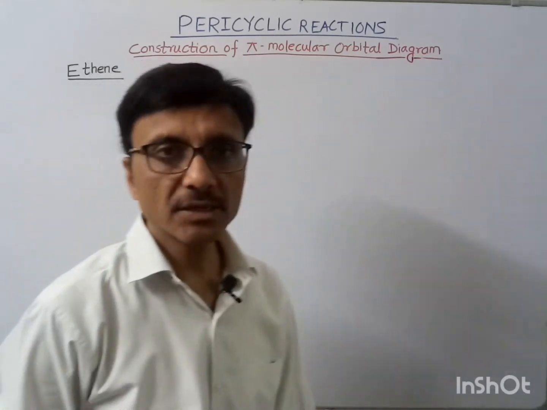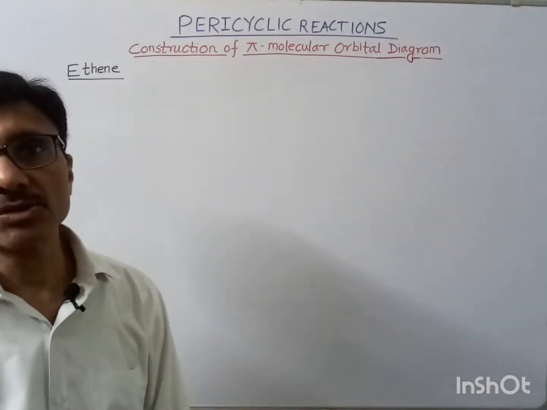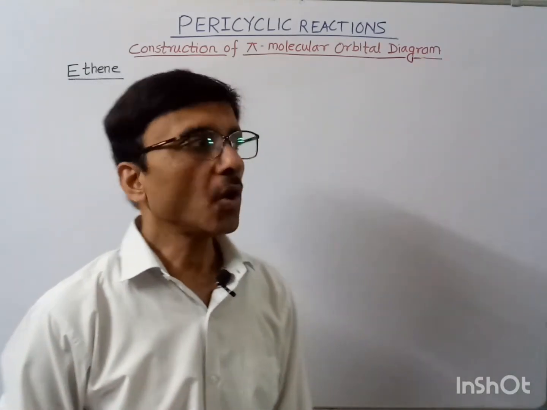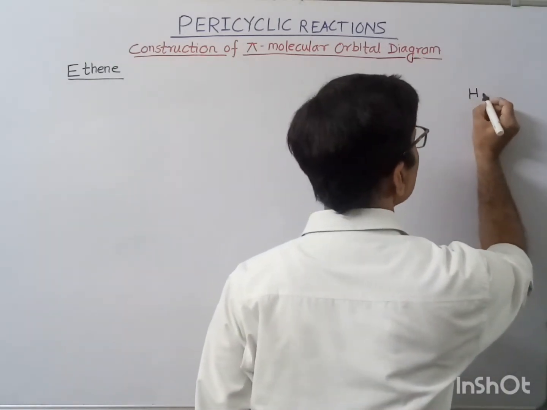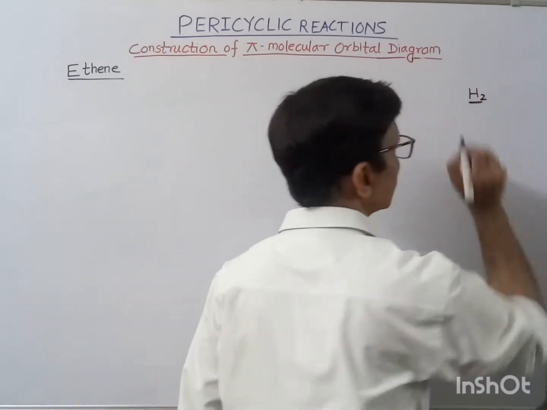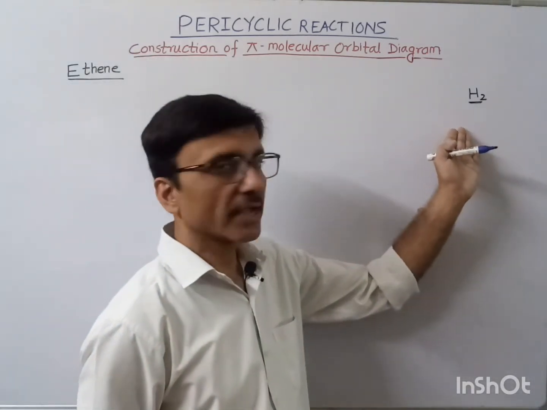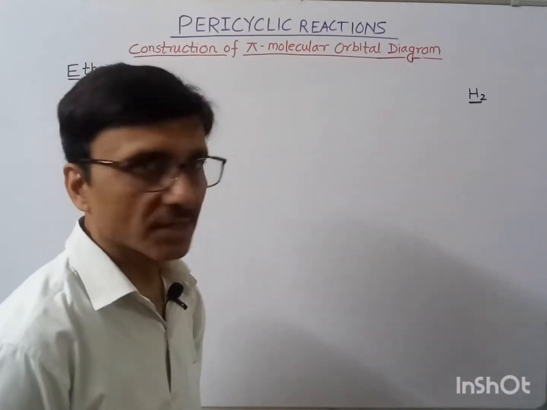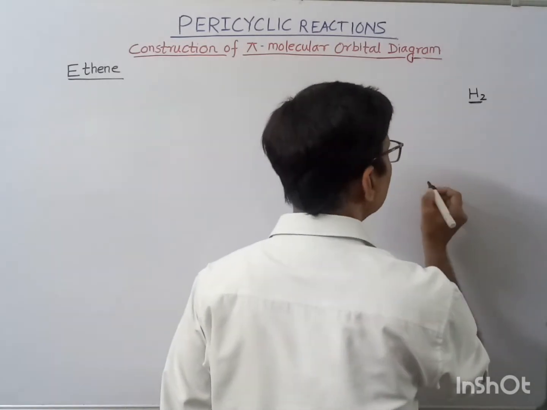Before starting the pi molecular orbital diagram for ethene, I will take the simplest molecular orbital diagram for the hydrogen molecule. We have seen the molecular orbital diagrams for the hydrogen molecule in our junior classes, +2 classes. So if you see here, then how do we draw it.